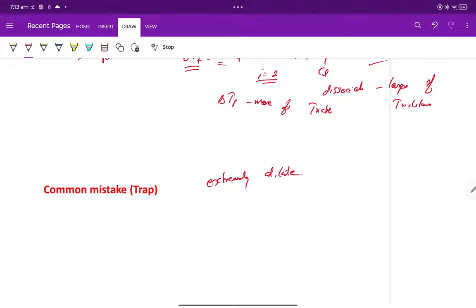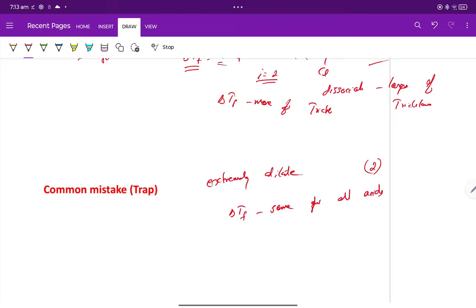If it is extremely dilute, all the particles will be dissociating into 2. So one is already going to 2, and delta Tf will be the same for all acids.